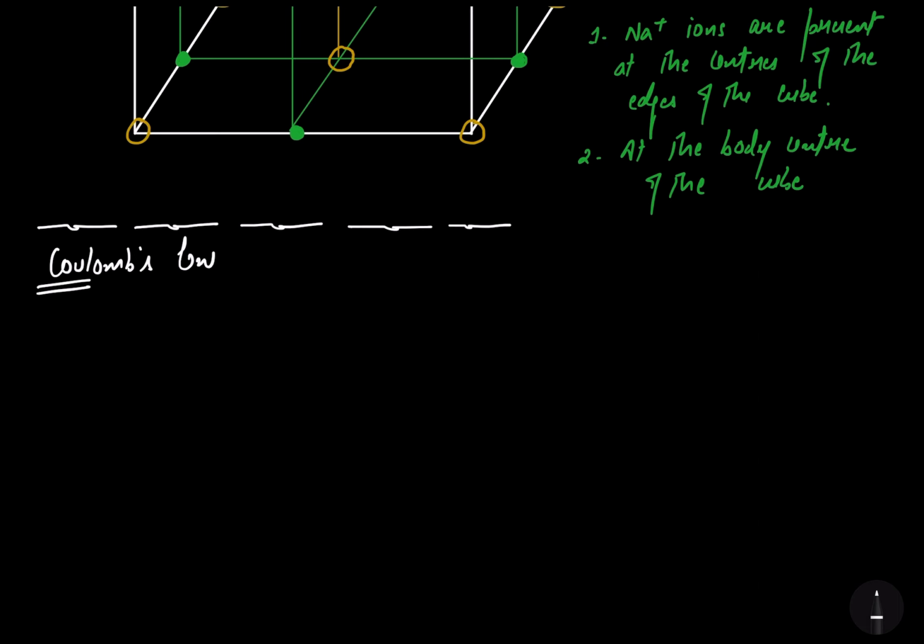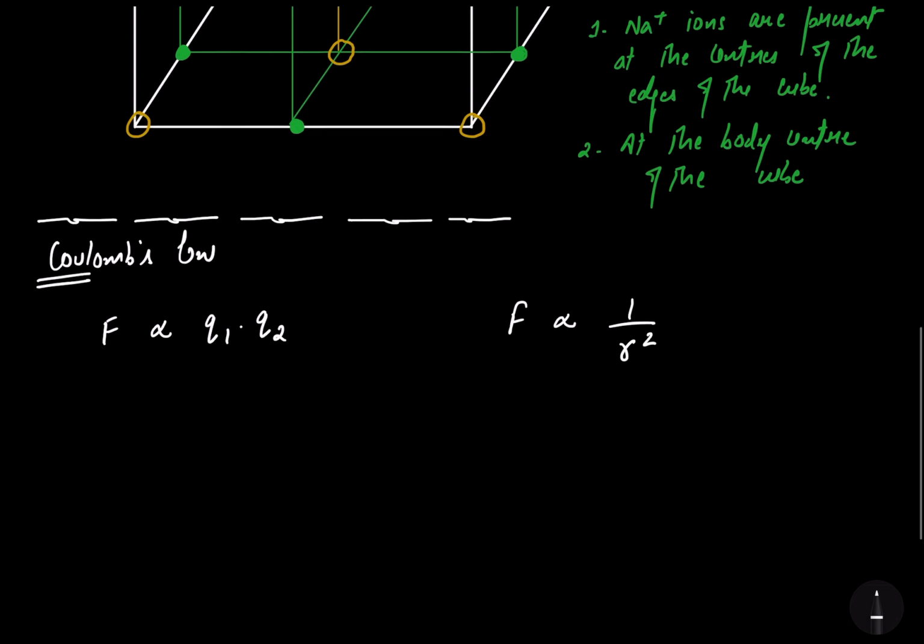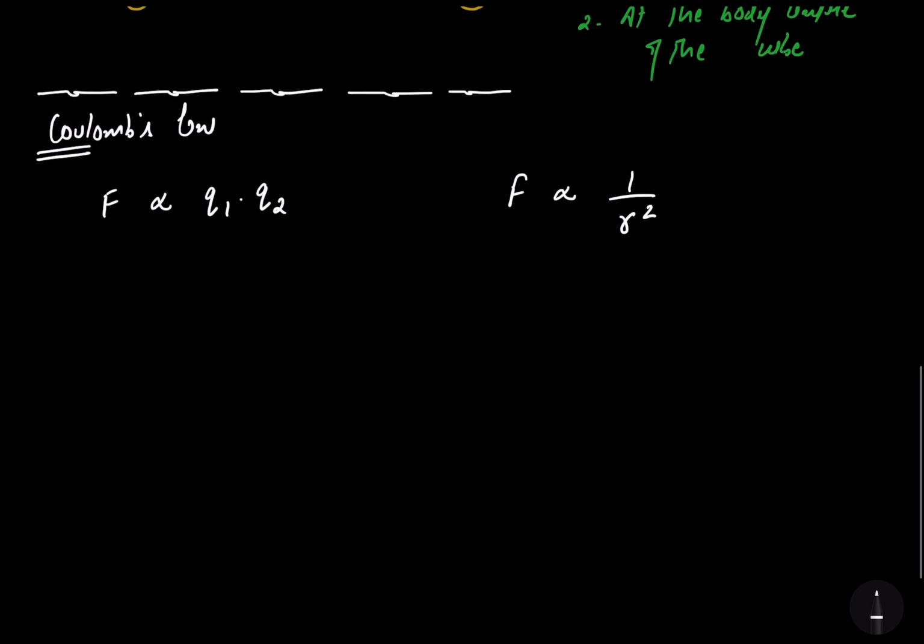Coulomb's law states that the force of attraction or repulsion is directly proportional to the product of magnitude of the two charges, and it is inversely proportional to the square of distance between them. Now let's combine both these terms. F is directly proportional to Q1 into Q2 divided by R square.